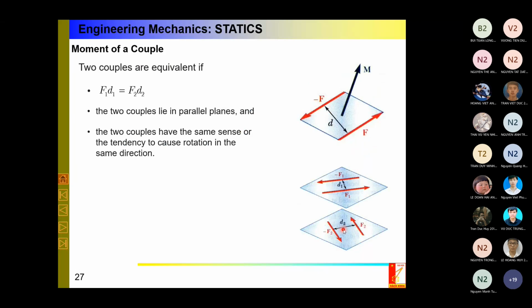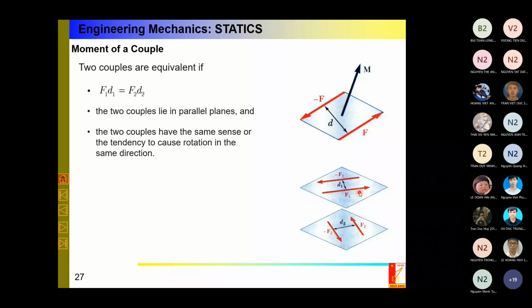so there are some characteristics of this couple. You can do it because I can use any vector perpendicular to the plane of the forces. So you see that the vector can be anywhere. So these two couples are equivalent if they can be represented by the same vector. Okay, the same vector. So it means that two couples are equivalent if their magnitudes are the same, F1 times d1 equals F2 times d2. Here, for example, you see two pictures.